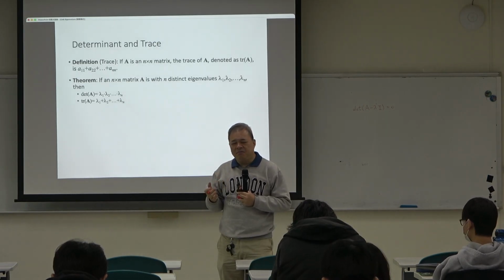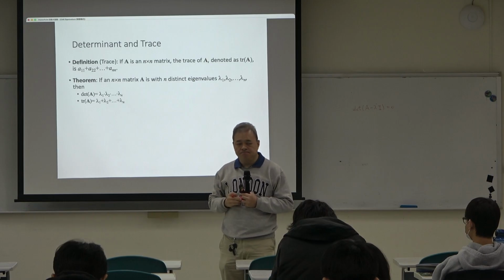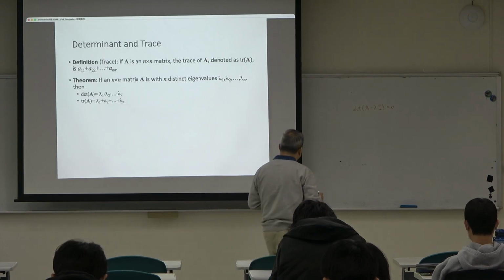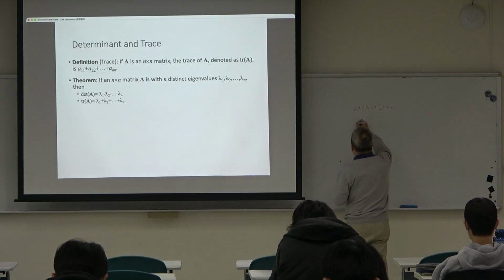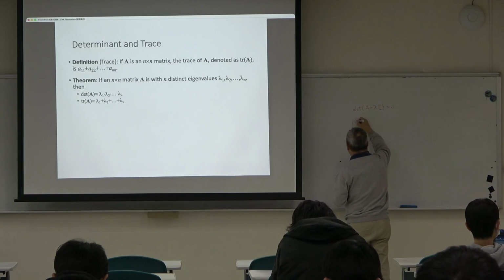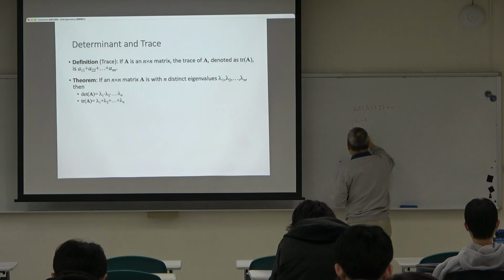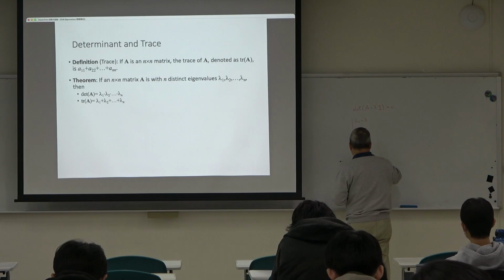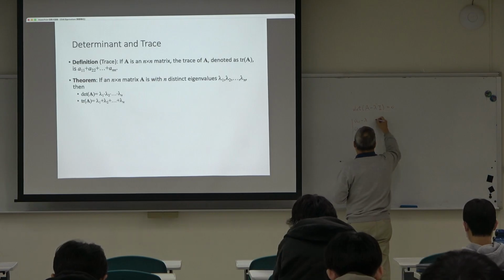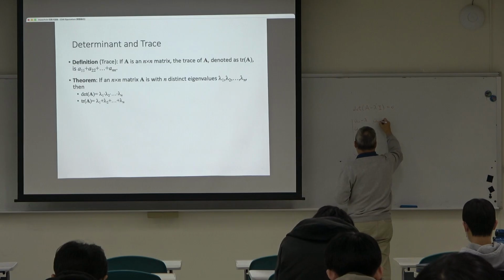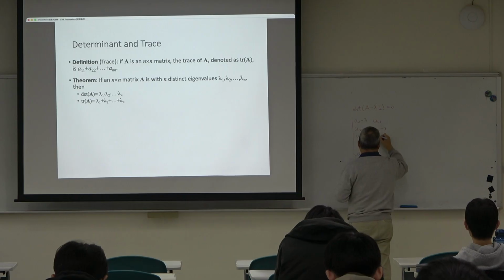So can we be more specific? The matrix has a11 minus lambda, a12, a13, and so on; then a21, a22 minus lambda, a23, and so on.